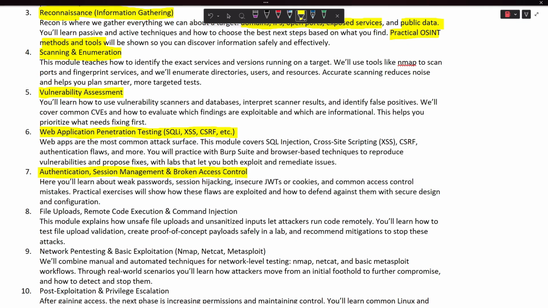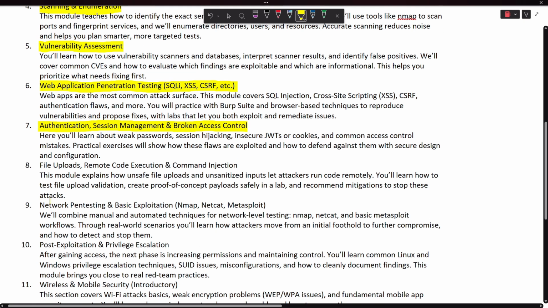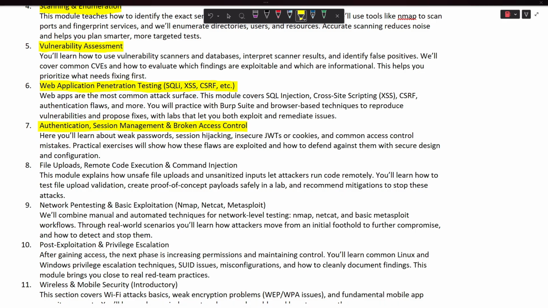And in module number 7, I will be teaching you about authentication, session management, and broken access control. These three are literally so important. For example, there are some AI-based tools coming on, like Xbow, and they are going to replace some of the cybersecurity practices.